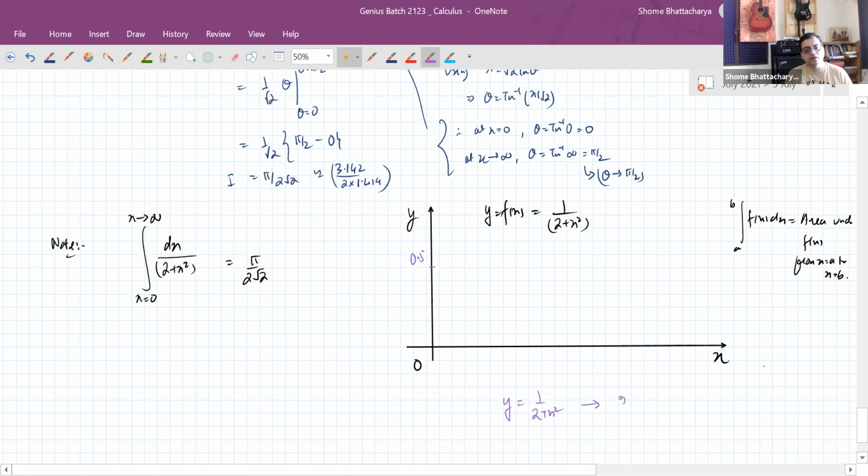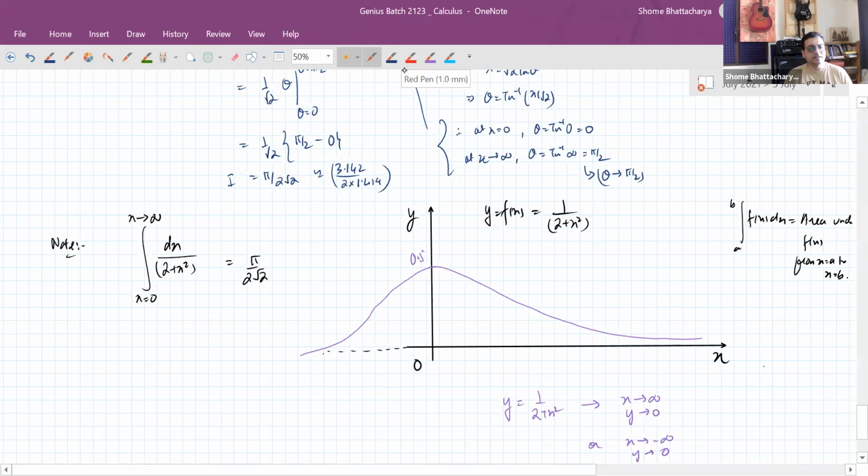On the other hand, x tending to minus infinity also, y tends to 0. It's a function that has this kind of a graph. If you do its whole analysis by derivative and all that, you will see that it has only one local maxima point, which is at x equal to 0. So that becomes a global maxima point.